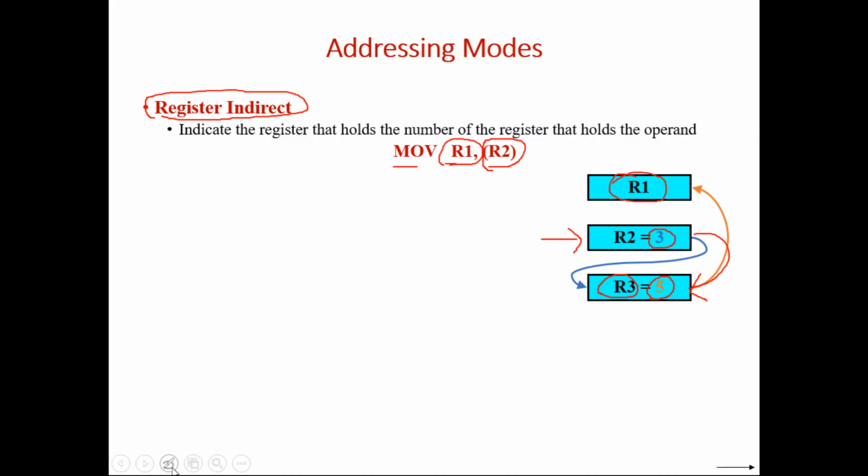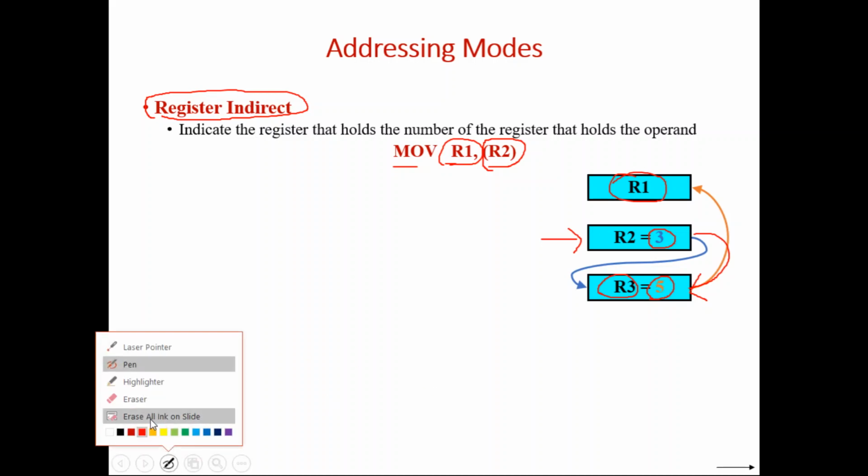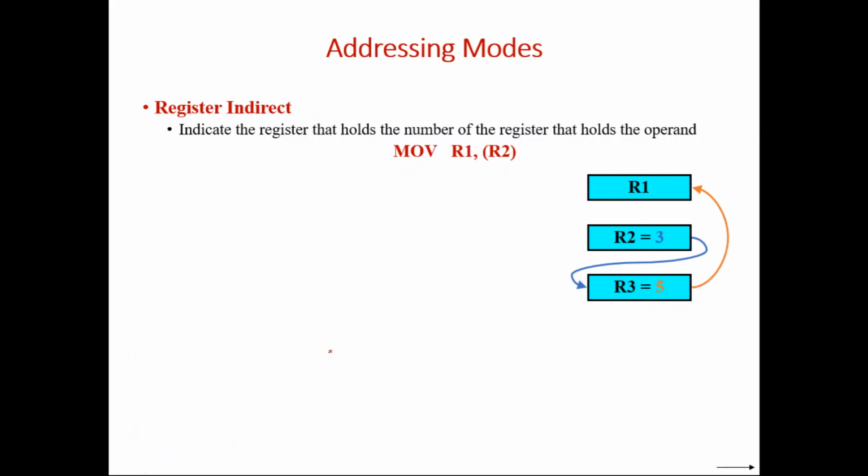Instead of using a register here, we can also use memory. For example, say I am using it like this, move R1 comma LOC. Then that memory location will act as a pointer. Anything other than R0 to R9 will be treated as some memory location, even if you give A, B, C, all those things, right?